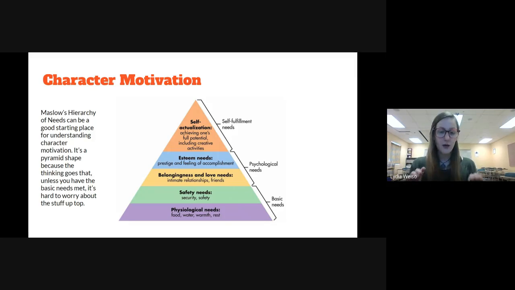At the bottom is our physiological needs: food, water, warmth, and rest, right? In emergency preparedness circles, you'll often hear this described as the rule of 3, right? You can go 3 minutes without air, 3 days without water, and about 3 weeks without food.